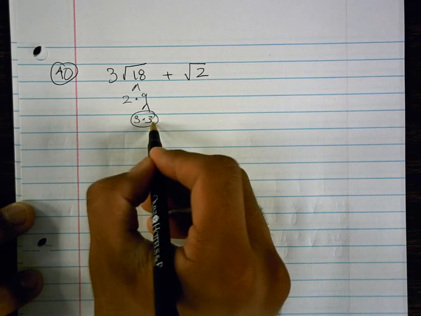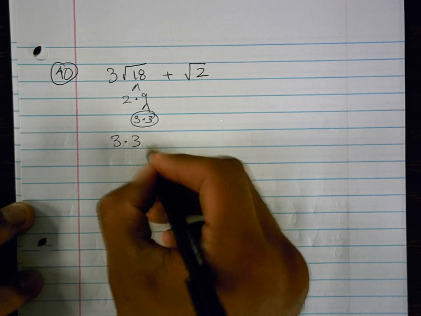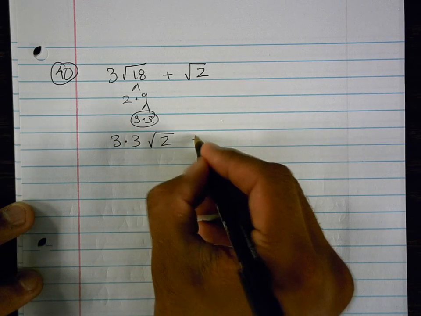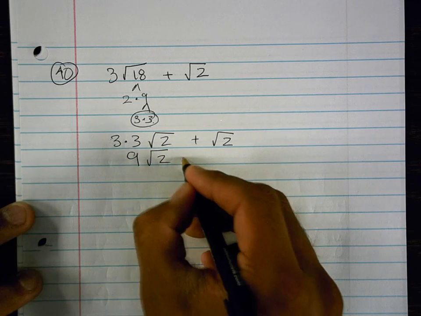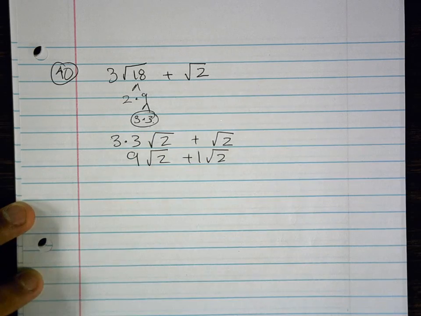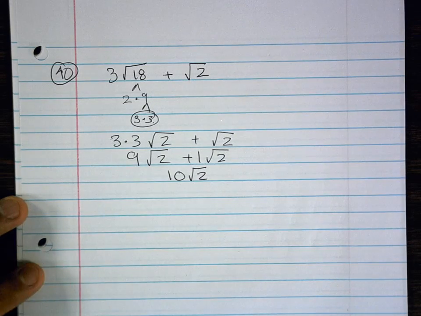So a 3 comes out, it gets multiplied by the 3 out front, so that's going to be 3 times 3. I'm left with the 2 plus root 2. To simplify a little bit, think of that as 1 root 2, so this equals 10 root 2, and I actually can add them together.